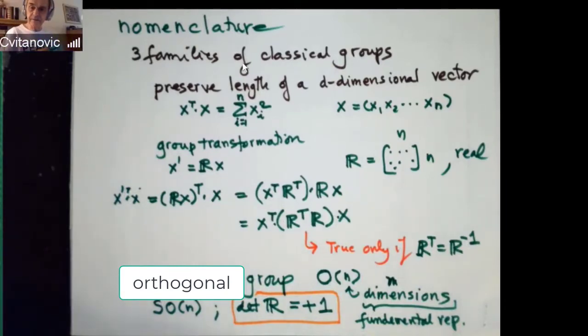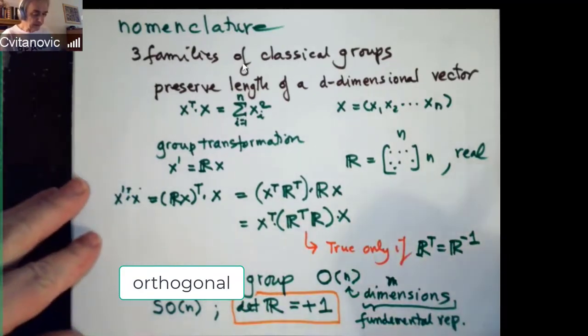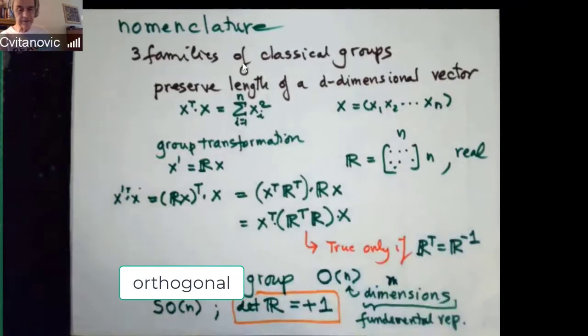Now, it's easy to convince yourself that the determinant of this matrix has to be plus or minus 1, but it doesn't matter right here. But basically, it should be any matrix, with any values of elements, such that it can be inverted, meaning it has no zero eigenvalues if you try to diagonalize it, or if you compute its determinant. But not only that, determinant has to be 1.